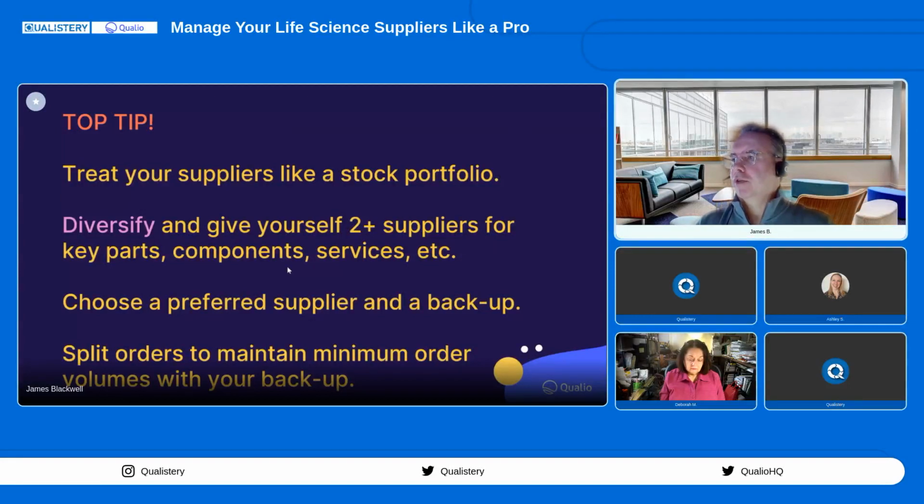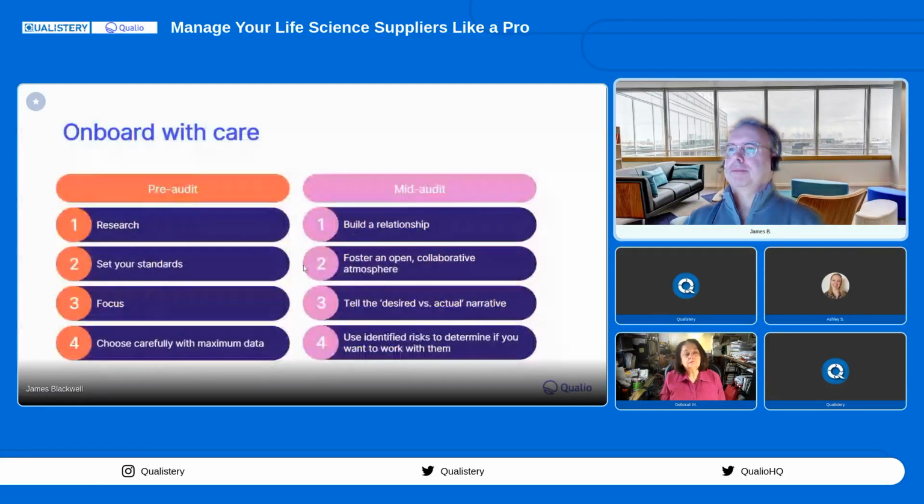On the other hand, if your supply chain is vulnerable for multiple reasons and your company is dependent on one supplier, that's often where you want to find a secondary supplier as a backup, and then do some manufacturing with them just so that they stay interested and they stay up to speed on your process. But also consider split orders, again, to maintain minimum order requirements with that backup, again, in order to keep them up to speed and interested in your business.